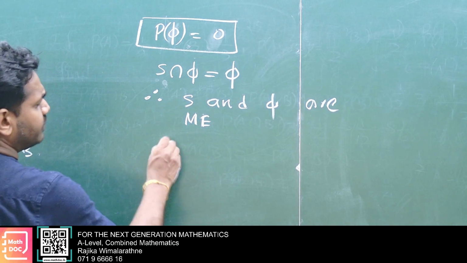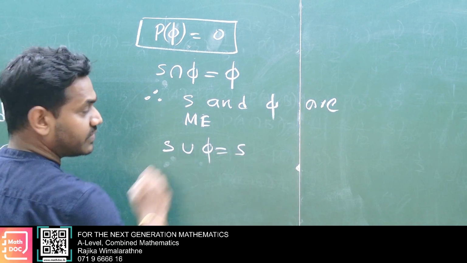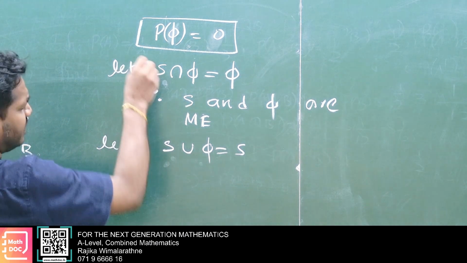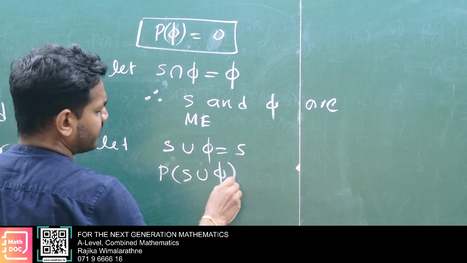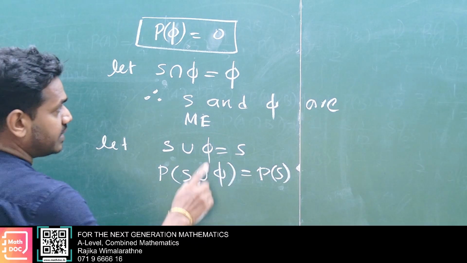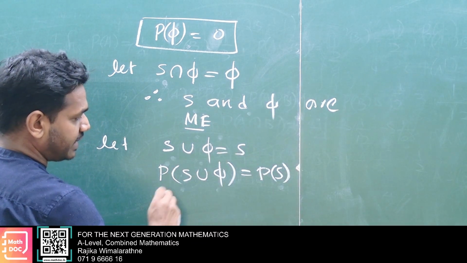Okay, now you consider S union phi. See what is that? S union phi, definitely S, no? Now put the probability function on both sides. Since S and phi are mutually exclusive, this union we can write as a sum, no?